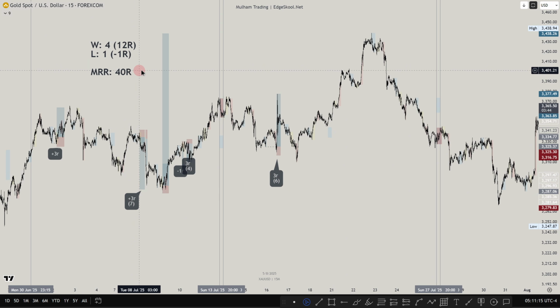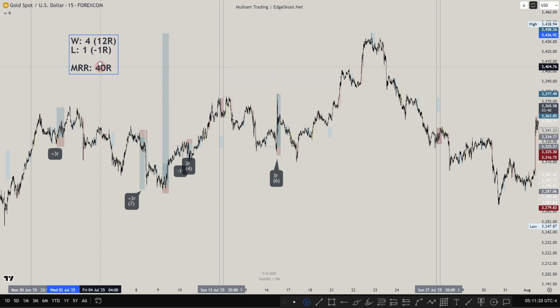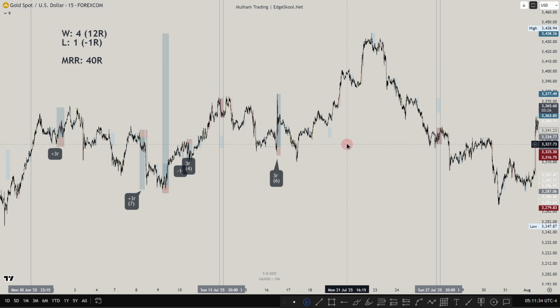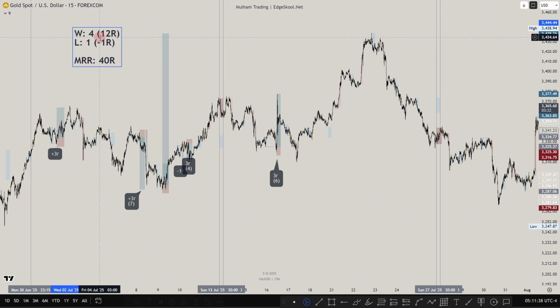It can give us a maximum reward of 40. So you can actually get much more than 12 to 1 if you were able to hold a bit longer, maybe trail your stop loss. So this is huge. Just taking 1 month, and these are the results, that is huge.